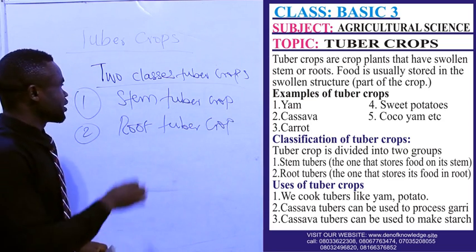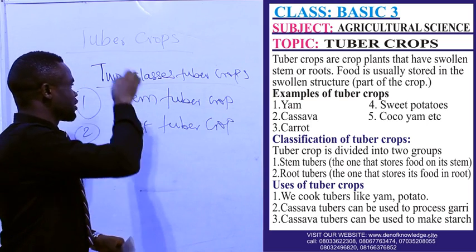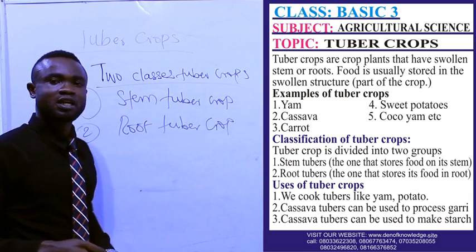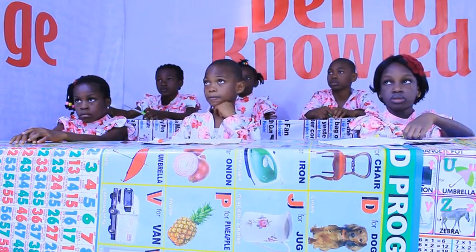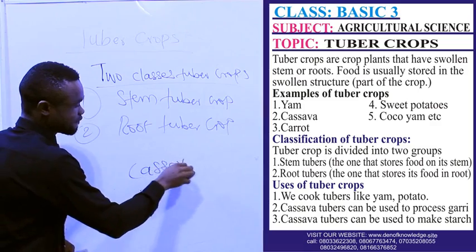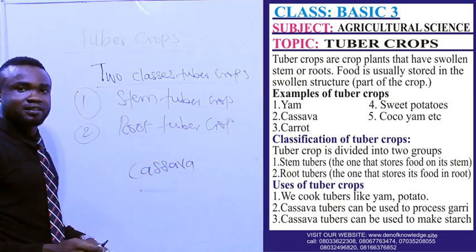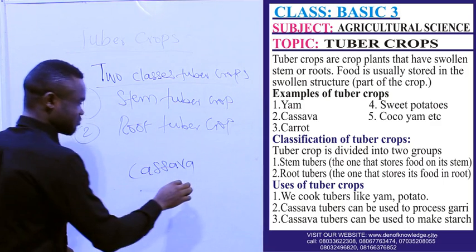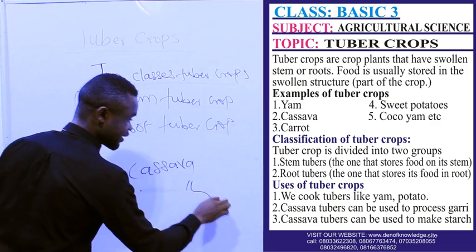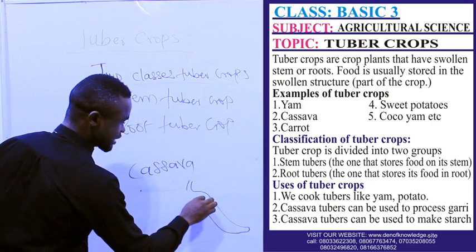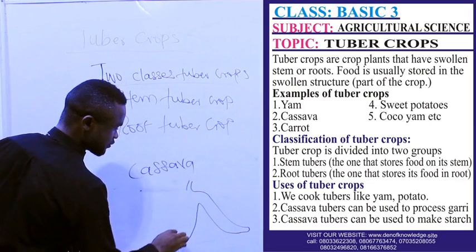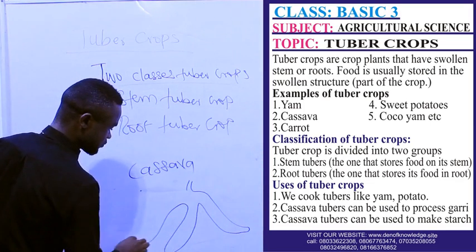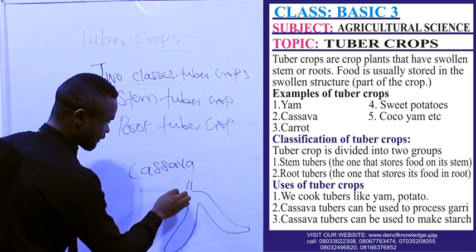Now, an example of stem tuber crop is cassava. You can see the cassava structure here.